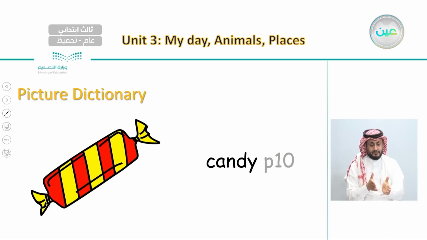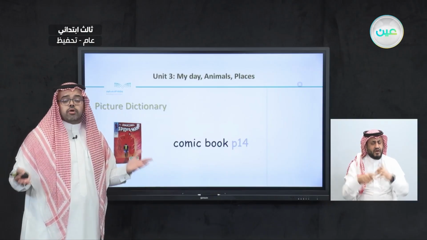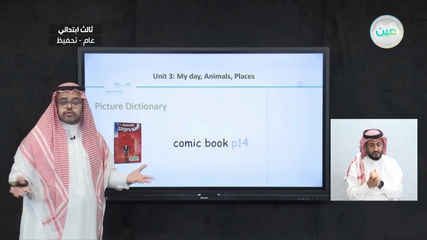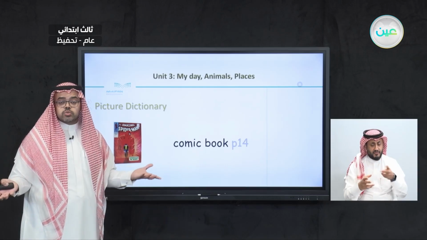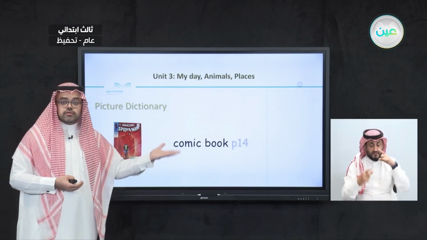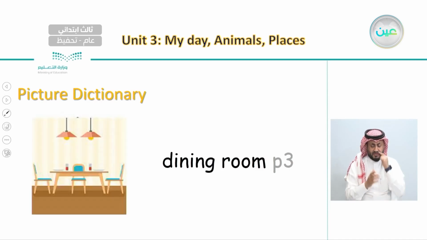And after this, we have a comic book. You remember what we mean by a comic book? It is a book about superheroes, a book about different characters that we usually see in movies and TV shows. Comic book is a word that can be seen on page 14.